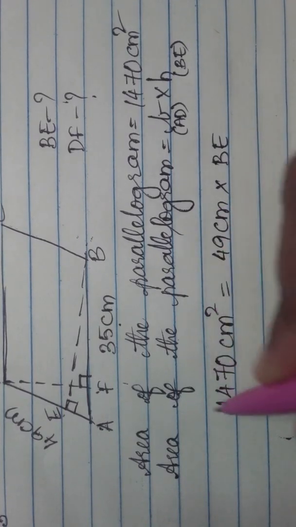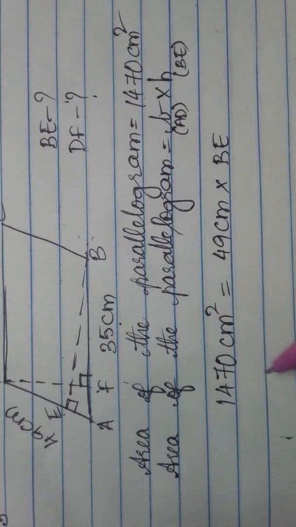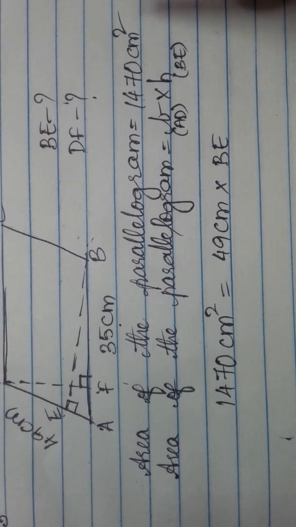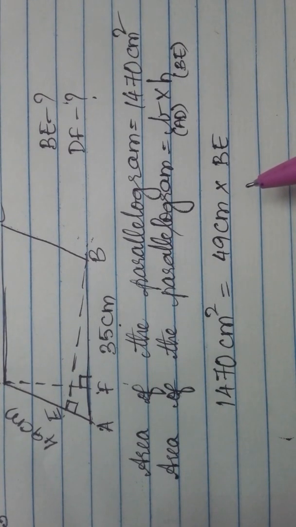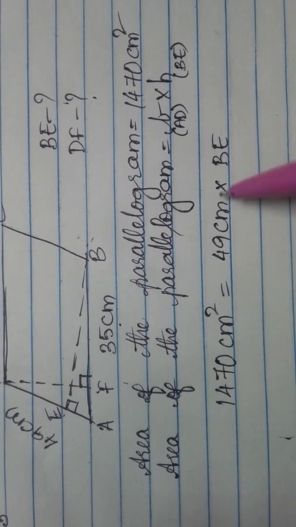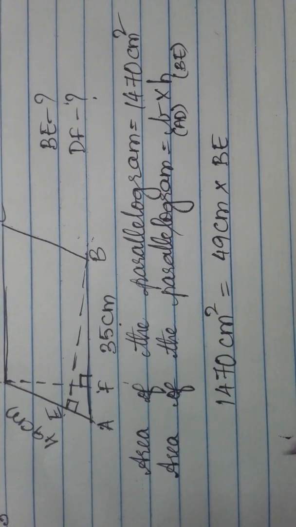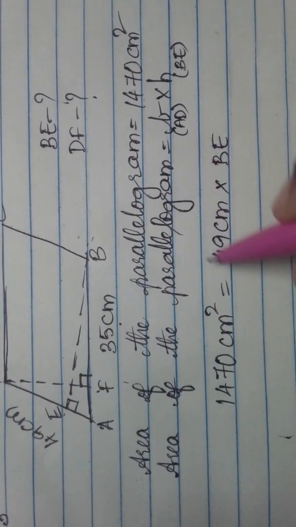Now let us simplify this. You know that when addition is transposed to the other side, it becomes minus, and minus when it is transposed becomes addition, and multiplication when it is transposed to the other side becomes division. So here multiplication is there.